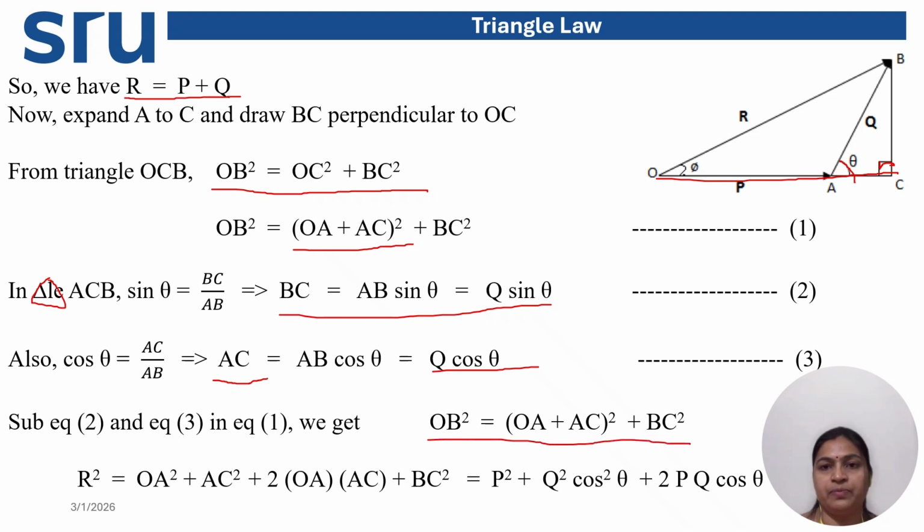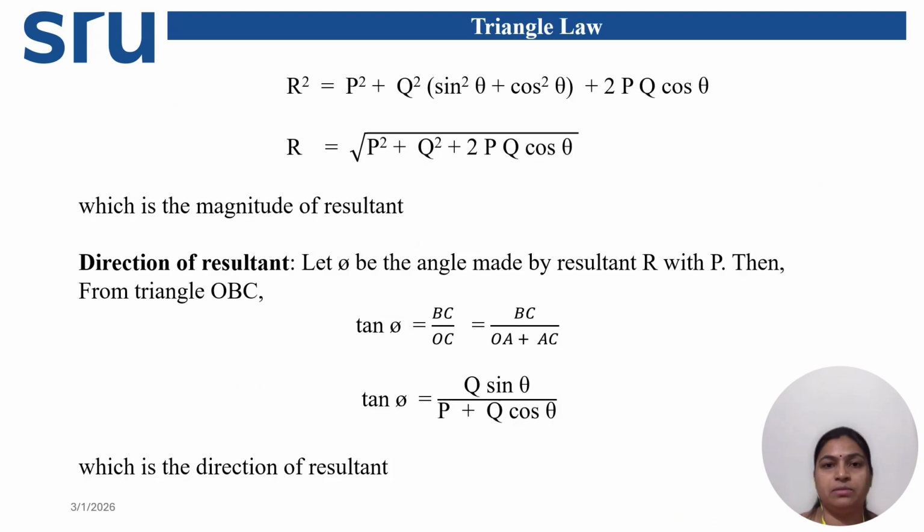OB is basically R, so R square equals P square plus Q square cos square theta plus 2PQ cos theta plus Q square sin square theta. So R square is equal to P square plus Q square times sin square theta plus cos square theta, plus 2PQ cos theta.